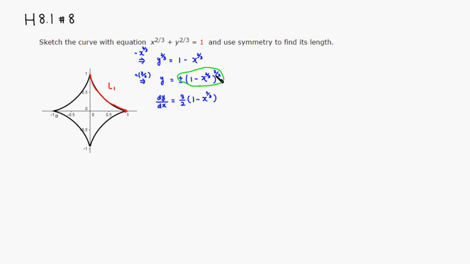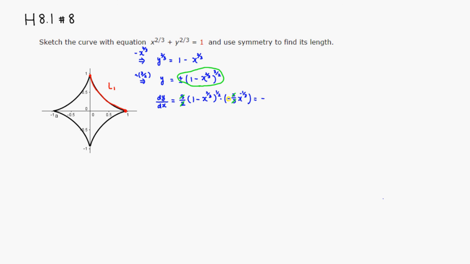Subtract 1 from the power, so you have a 1/2 power, and multiply by the derivative of the inside, which is negative 2/3 x to the negative 1/3. Then we can simplify. We have 3 on top and 3 on the bottom, and 2 on top and 2 on the bottom. There's a negative sign there, maybe I should circle that so that I don't forget.